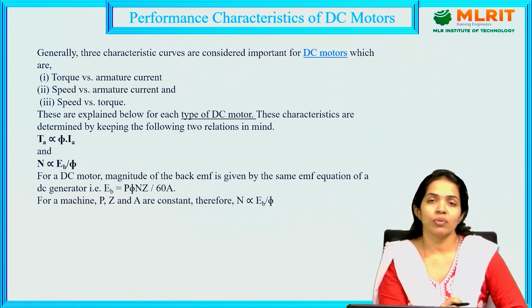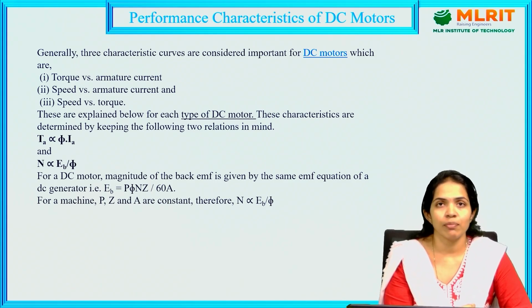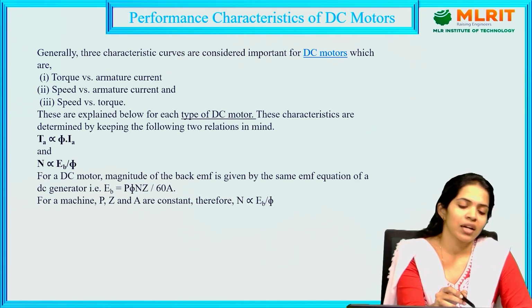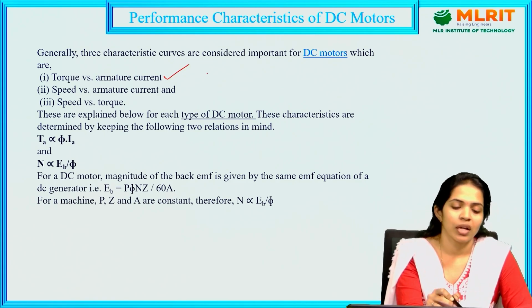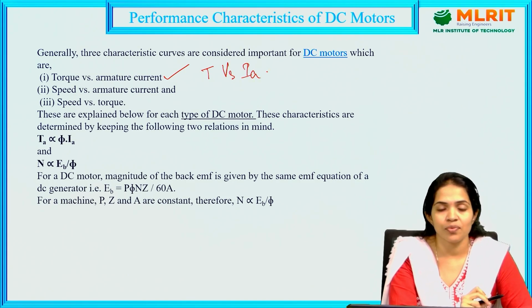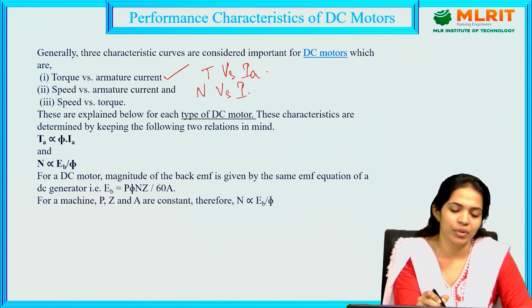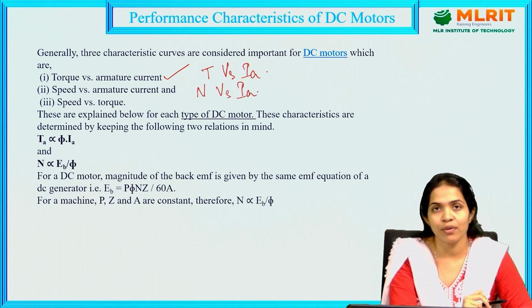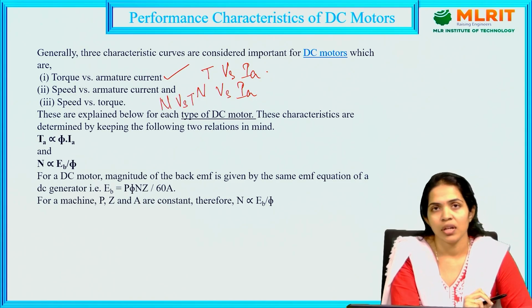So moving on to the performance characteristics of DC motors, we basically have three performance characteristics. The characteristic curves drawn between the torque and armature current, T versus Ia, the characteristics drawn between the speed and the armature current, that is N versus Ia, and the last one is torque versus speed, or speed versus torque characteristics.